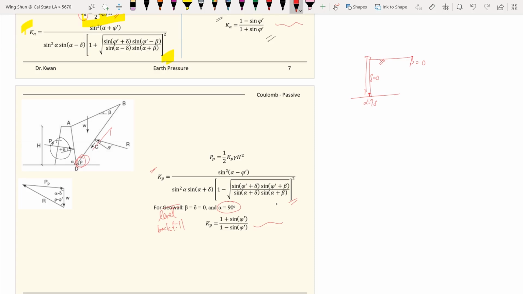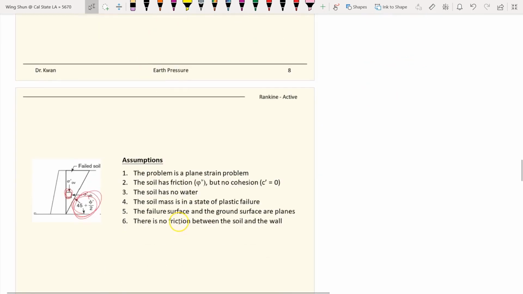Coulomb versus Rankine, both were very famous scientists at that time. Coulomb was in the 1700s, and Rankine came a little more than 100 years after him, in the 1800s, with another approach to look at essentially the same problem and try to figure out the stress or the horizontal force that a retaining wall can sustain.